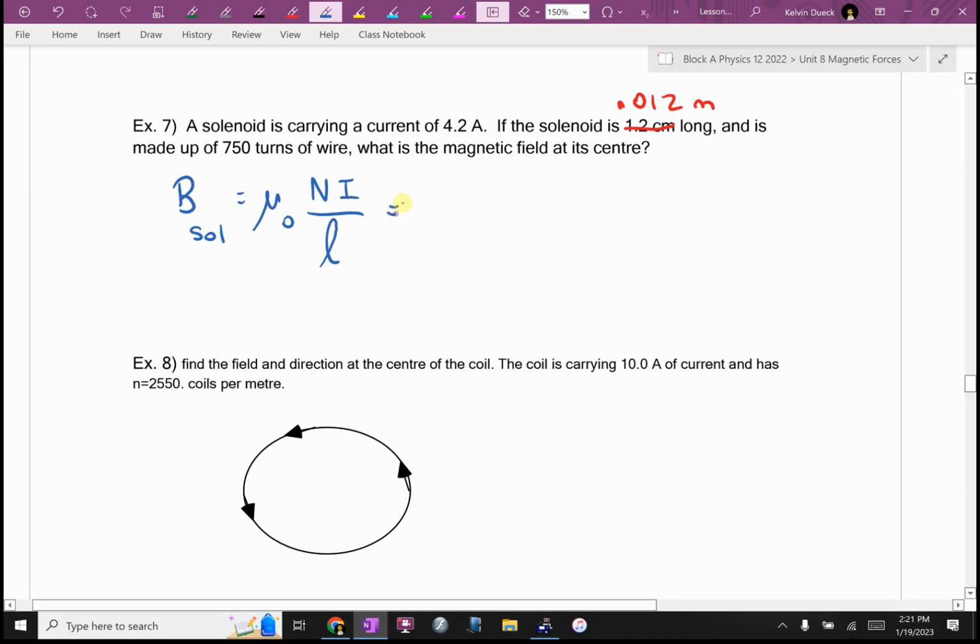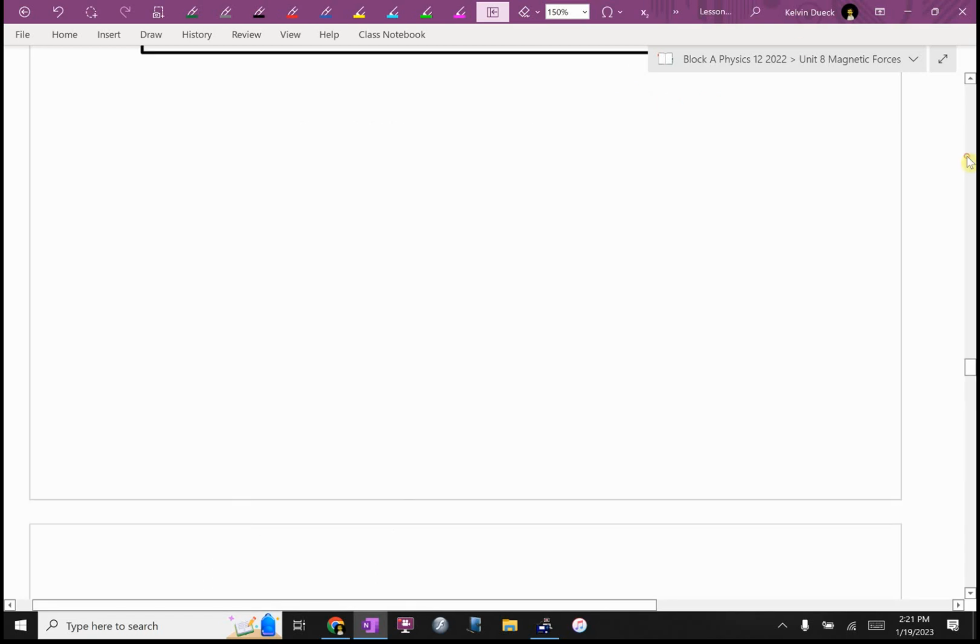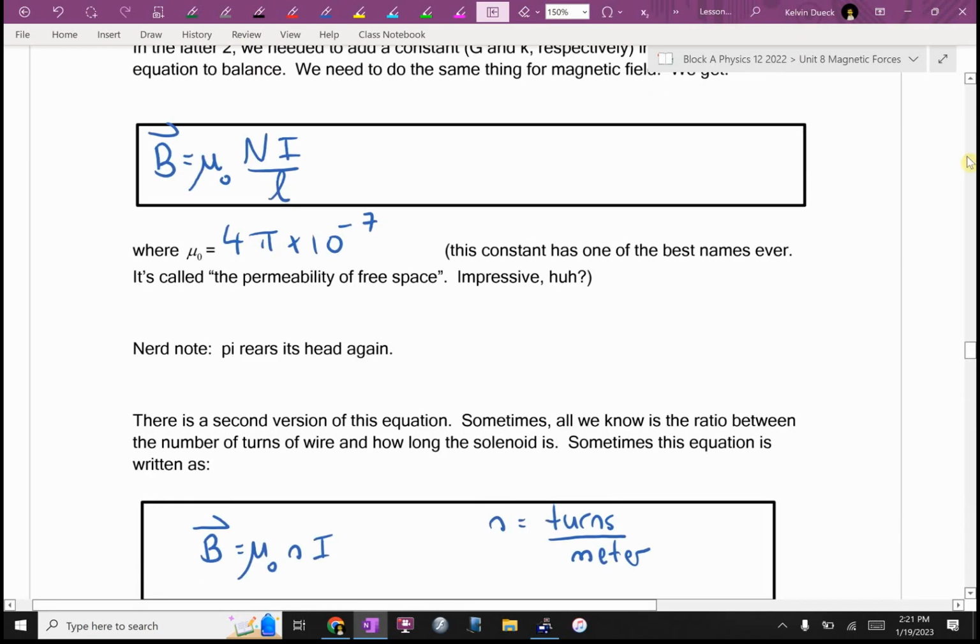Where mu naught was 4 pi times 10 to the negative 7. N was the number of turns of wire. By the way, on the previous page, I should have listed this. So let's say N equals number of turns.